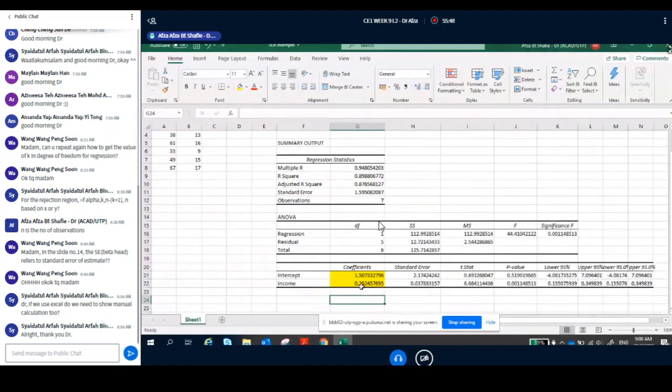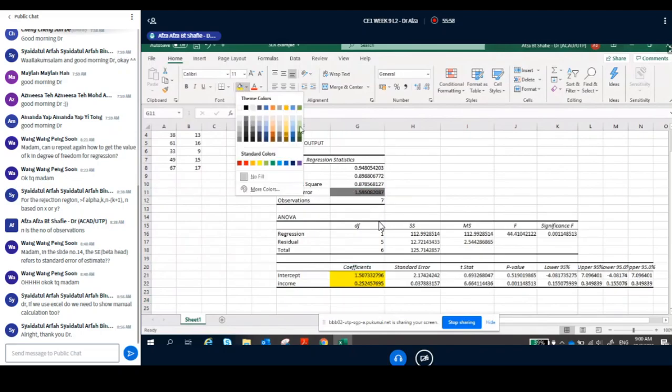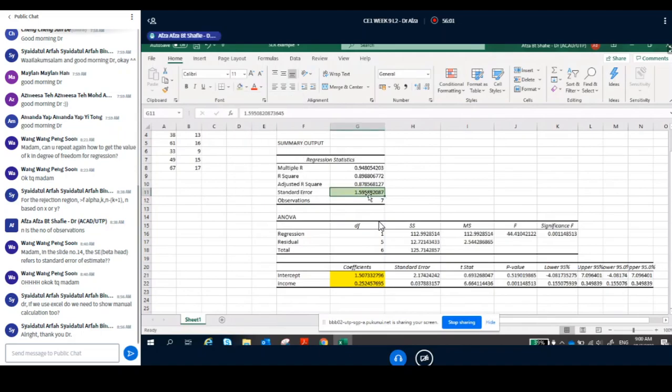The next one is the standard error. The standard error is here, and this is our first test. It gives a value of 1.9508. The next one is the R squared.